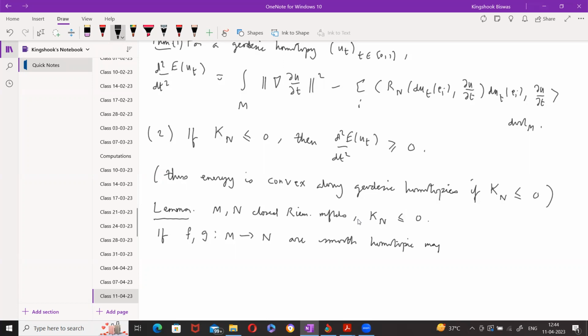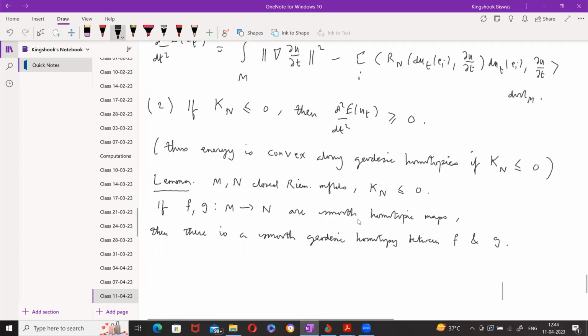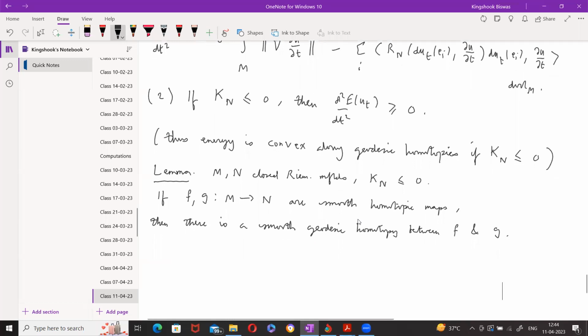Then there is a smooth geodesic homotopy between F and G. So I won't do the proof of this.